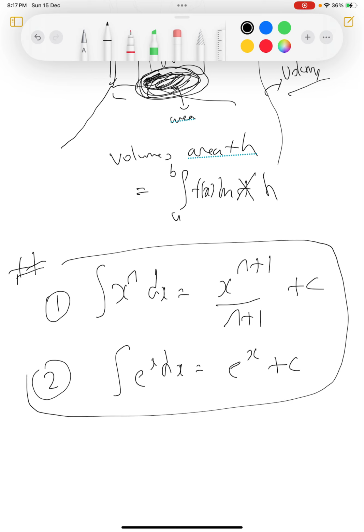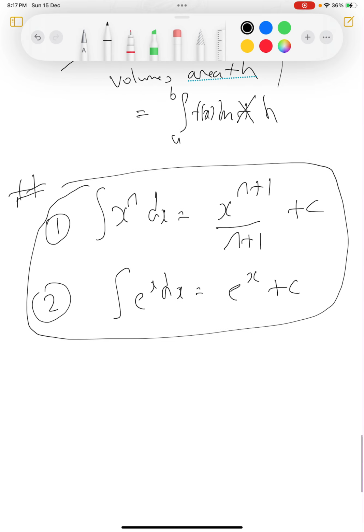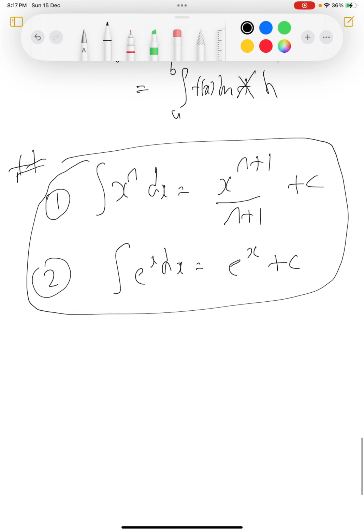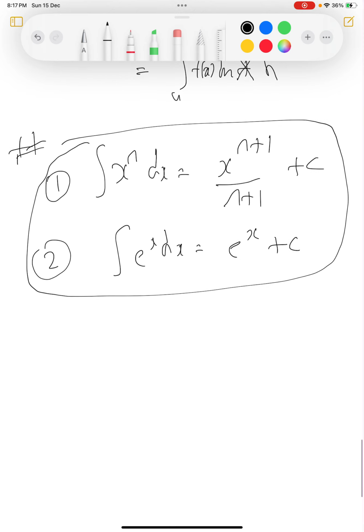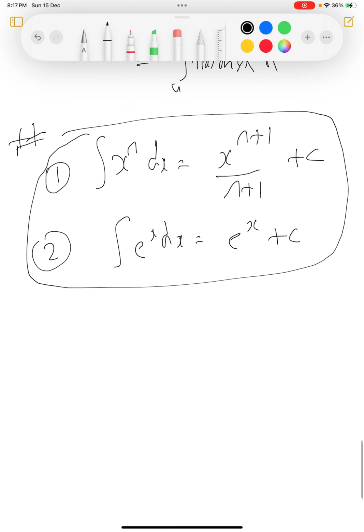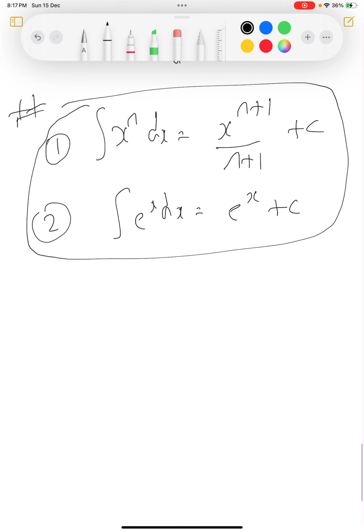So these are the basic formulas that we have derived till now. We have a lot of formulas in integration. We will do them later. Now let's go through some examples and solve some problems.